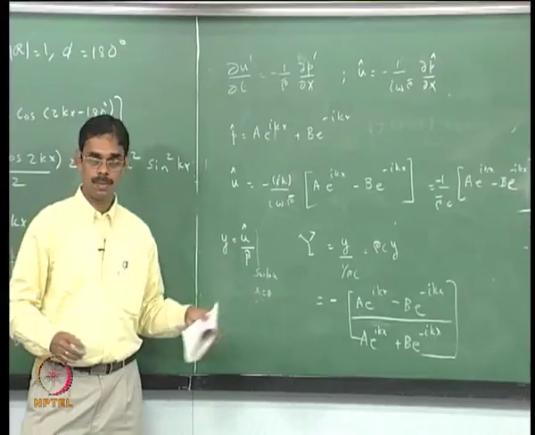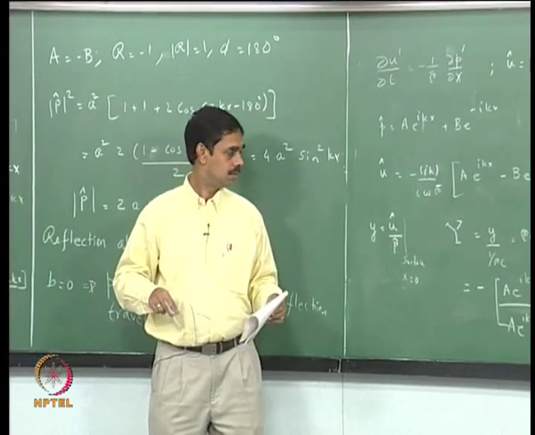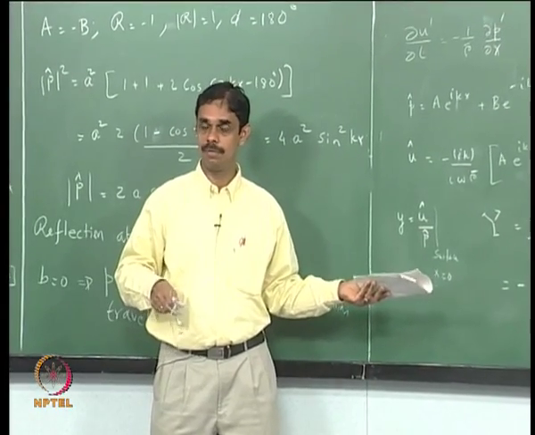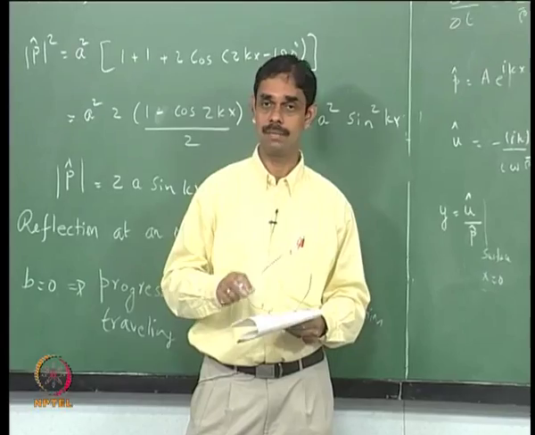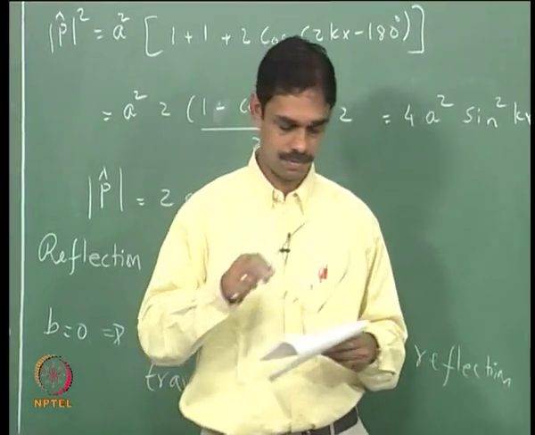So we know A, capital A, we know B, capital B. So therefore we know the value of y anywhere, so we can know it at x equal to 0 also. That is basically the crux of the matter. Once you have that small a and small b, we have actually solved the problem.